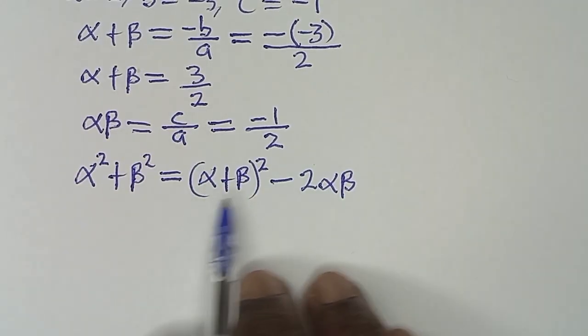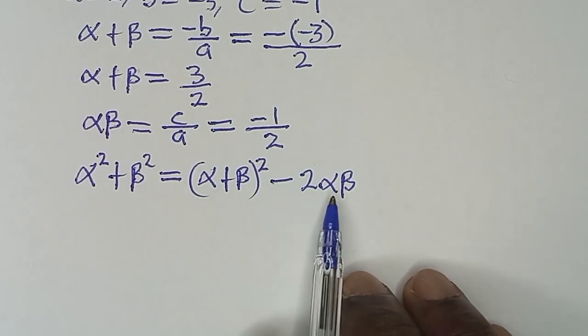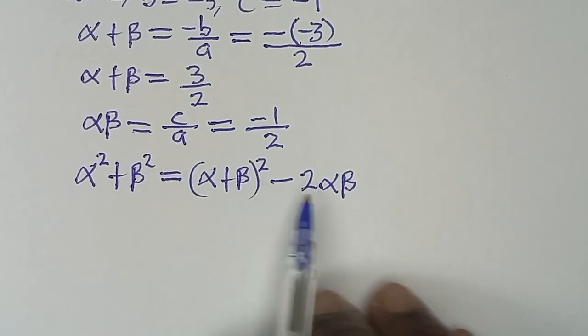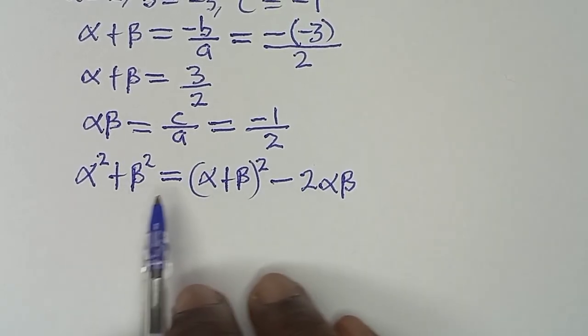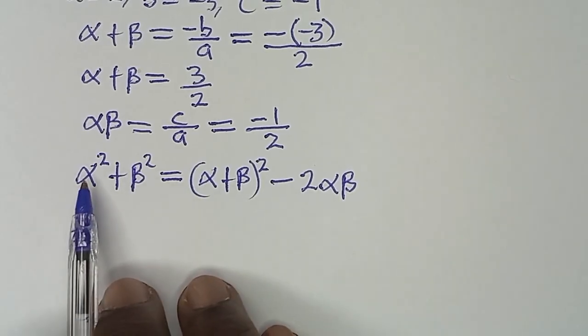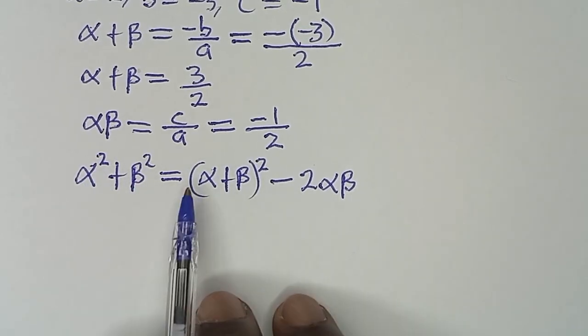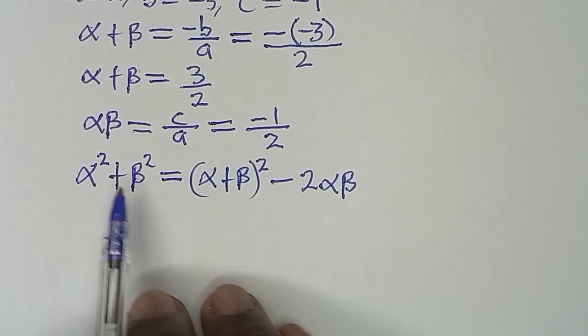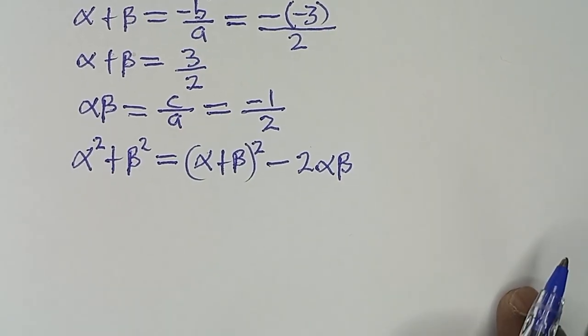So if you expand this bracket and you subtract 2 alpha beta, it will take you back to this. So these two parts are equal. That's why we call them identities. So we're going to apply this identity rule to obtain the value of alpha squared plus beta squared.